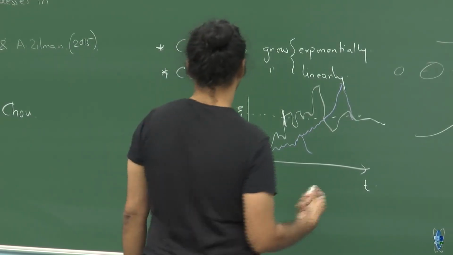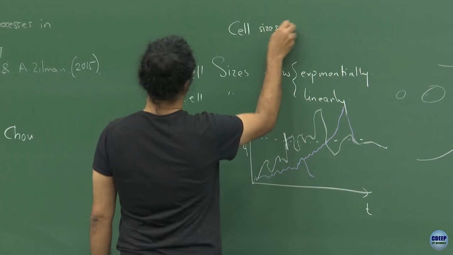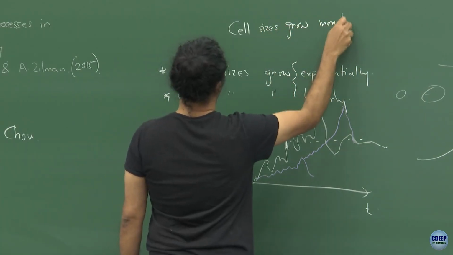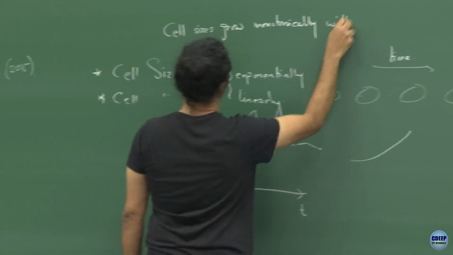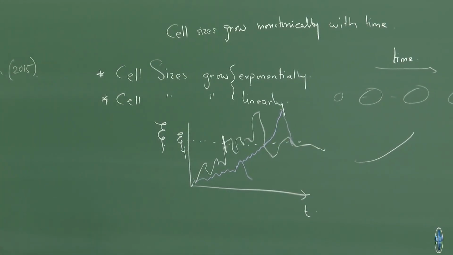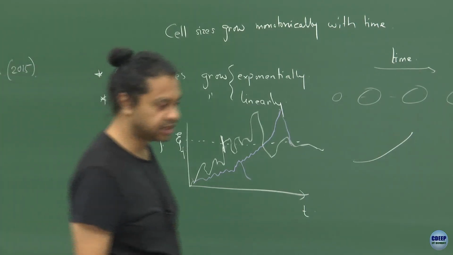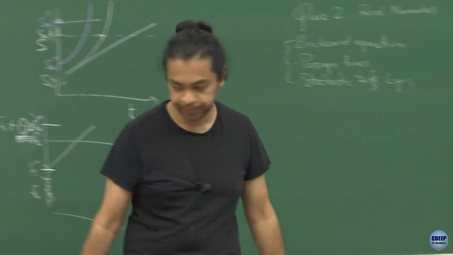So, cell sizes grow monotonically with time. In that sense, it is a little simpler problem as compared to the general first passage problems, where you can of course have any sort of trajectories. Here you have a restricted subclass of trajectories that are applicable for this problem.